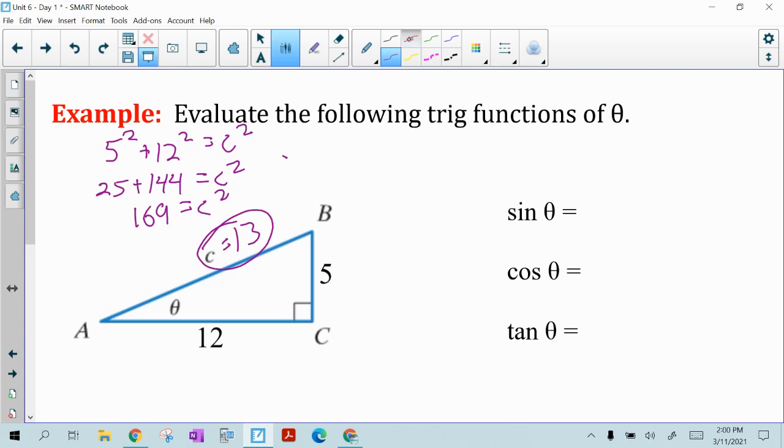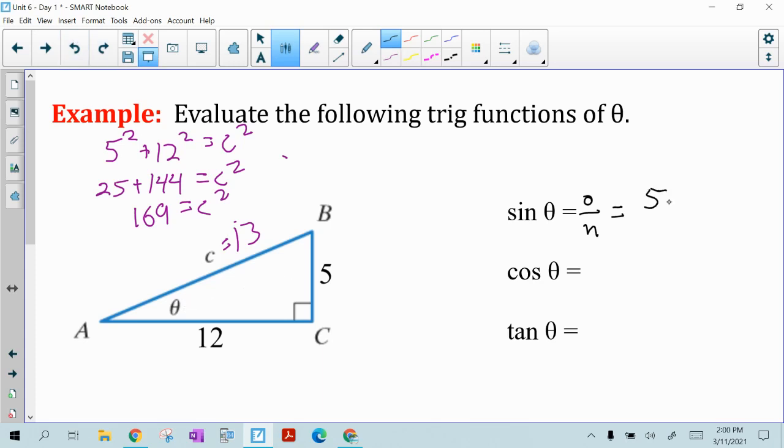All right, now, how do I go about figuring out what sort of values I've got for sine, cosine, and tangent? Well, all I have to do is figure out what sides I'm dealing with. Well, sine is opposite over hypotenuse, and my opposite there is going to be 5.